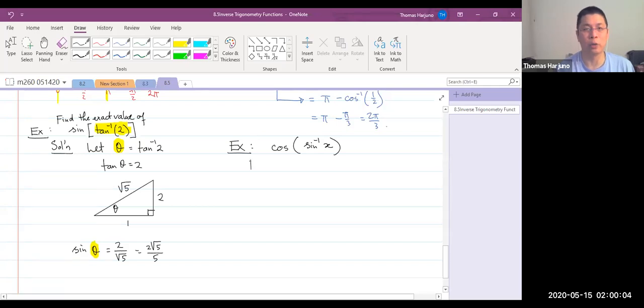So the way I do it, just mimic what I did earlier. Solution. Let theta be sine inverse of x. So sine theta is equal to x. Is that right? Let's assume x is positive here.